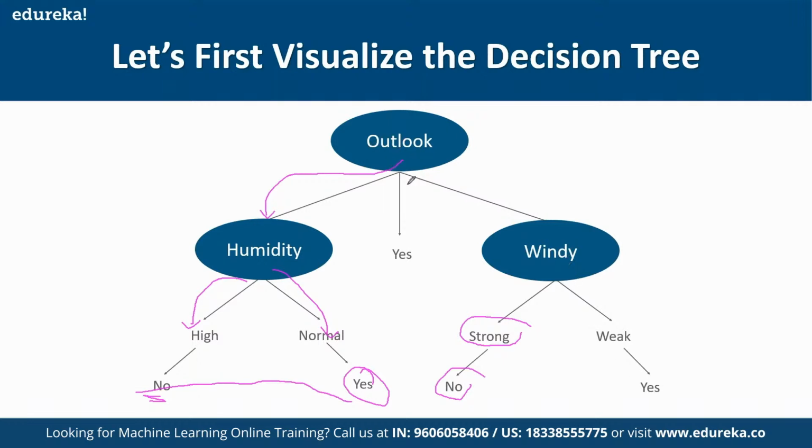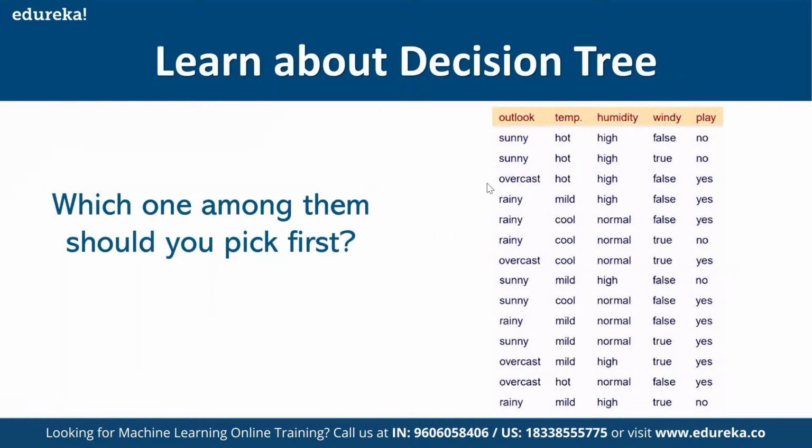So now you are not sure how you decided with outlook, how you decided with these nodes, how you decided with these features here. Let me try to show you this entire data set. This is your 14 days data set, and this exactly happens in the case of classification-based algorithms. You will get a data set like this. You want to find out whether I will play or not, right?